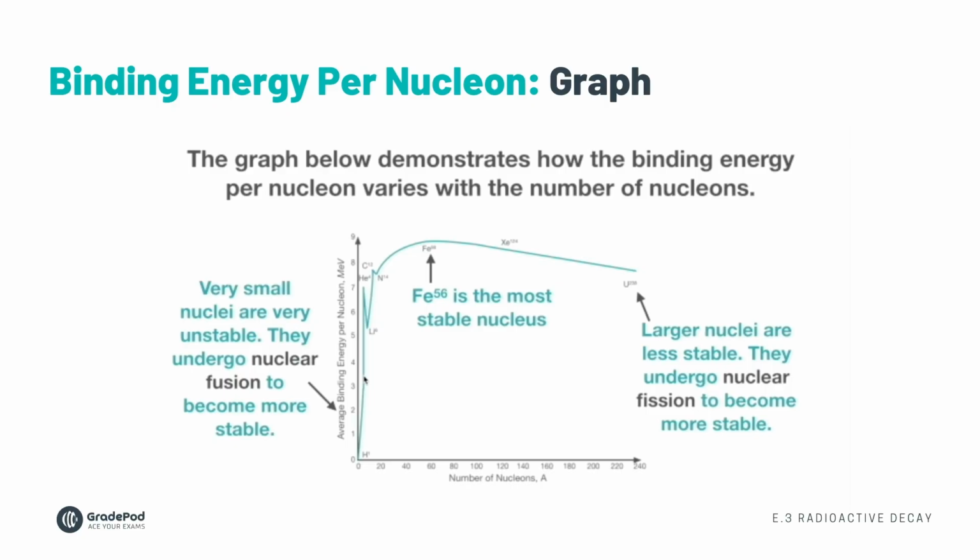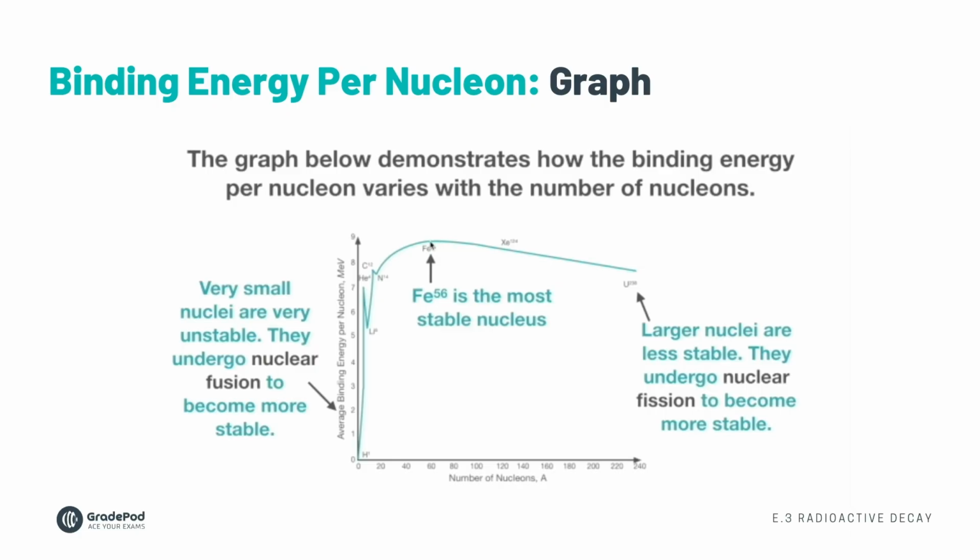And what these nuclei do to become more stable is they undergo nuclear fusion. As we go through the nucleon number and get greater and greater nucleon numbers, so atoms that have greater numbers of protons and neutrons, the stability of the nucleus seems to improve. So the most stable atom is actually iron-56.